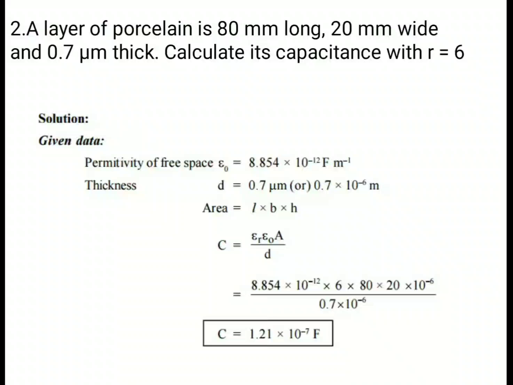Here 10 power minus 6 means millimeter is converted into meters, and the distance between the two layers is 0.7 into 10 power minus 6 meters. Now by calculating these values, finally we get the capacitance of the layer as 1.21 into 10 power minus 7 farad.